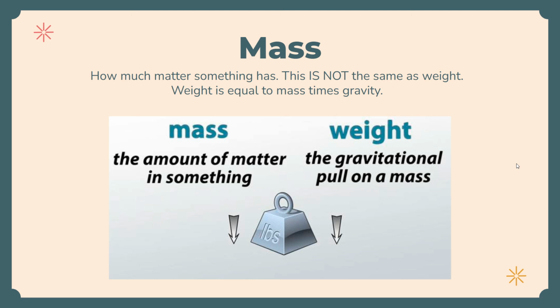For example, this is something that I think of all the time. Your mass is how much matter you have. If you weighed yourself right now, let's say you're 100 pounds. If you weighed yourself in space, you would be less than 100 pounds because you don't have the same gravitational pull on your mass. So your mass would stay the same, but your weight would change if you went to space.